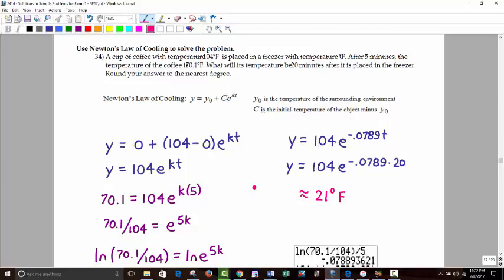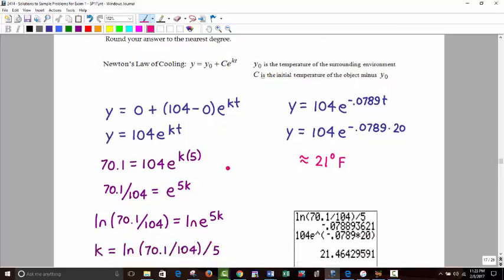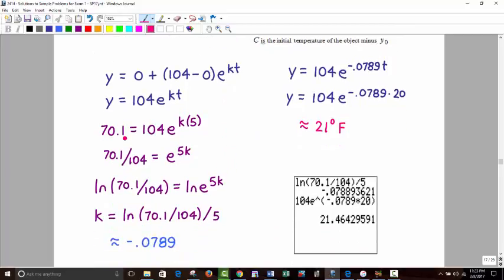It says in 5 minutes, it's already down to 70.1 degrees. So that will help us solve for k. So 70.1 equals 104 times e to the k times 5. You divide by 104, natural log both sides to get rid of the e.